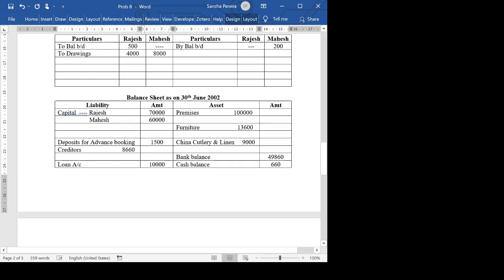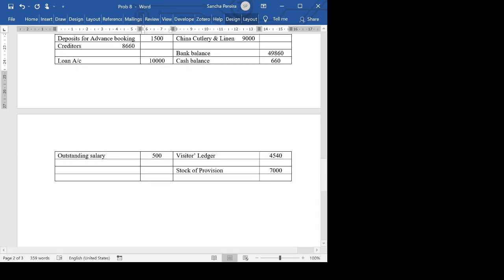In the same way we need to minus those bad debts from the debtors, or visitors ledger. 400 are bad, so less new bad debts. I wrote this outside by mistake. New bad debts are 400.